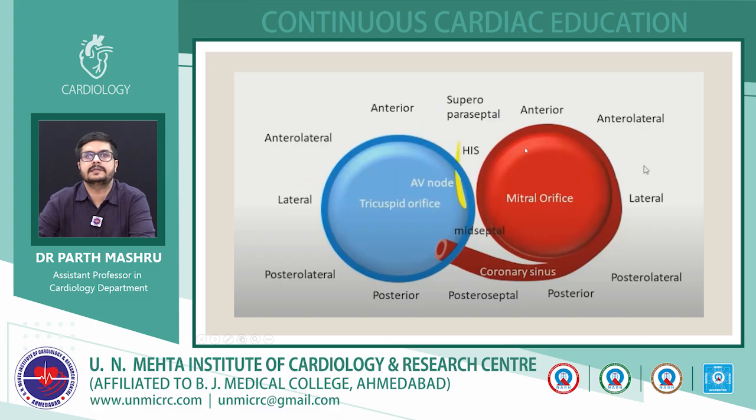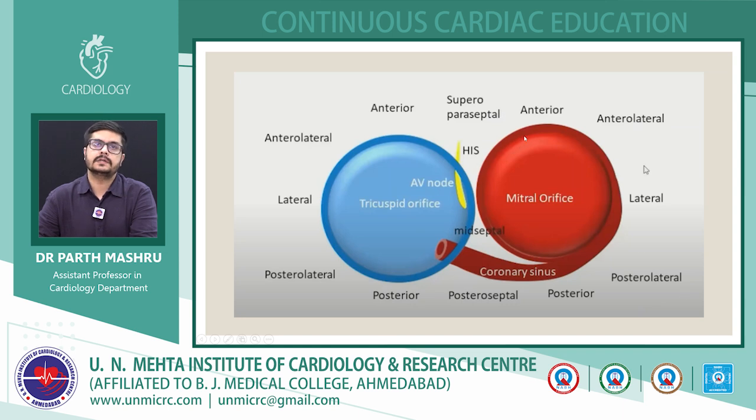So this is again a schematic diagram of the possible pathways. So, mitral orifice and tricuspid orifice. As I explained earlier, on the mitral orifice the possible pathways are anterior, anterolateral and lateral, and on the posterior side there can be posteroseptal, posterior, posterolateral.